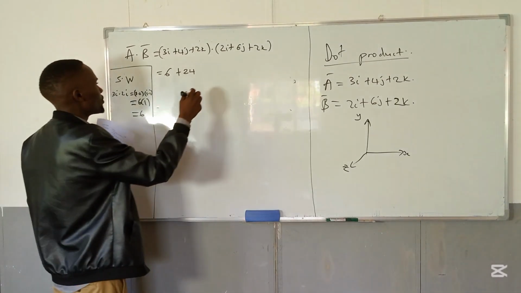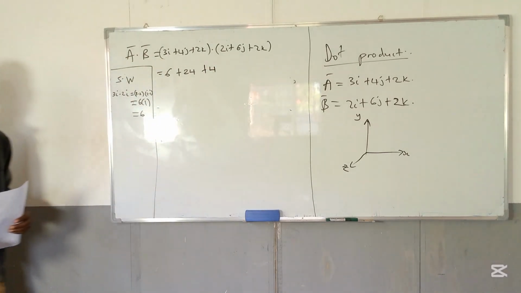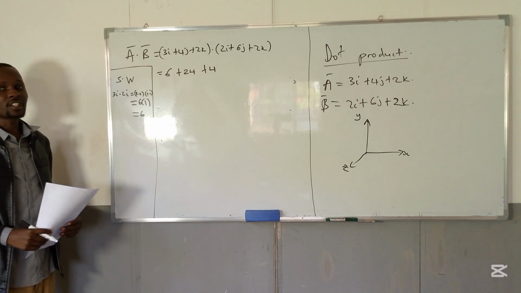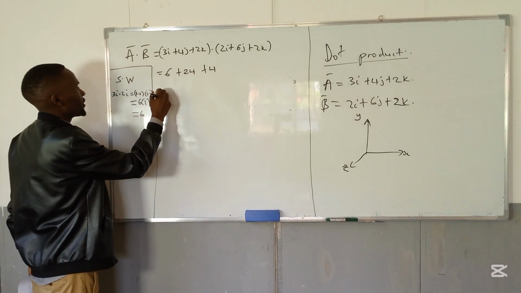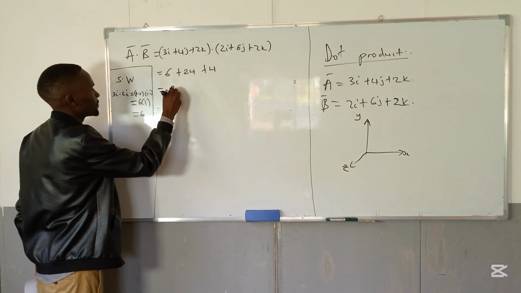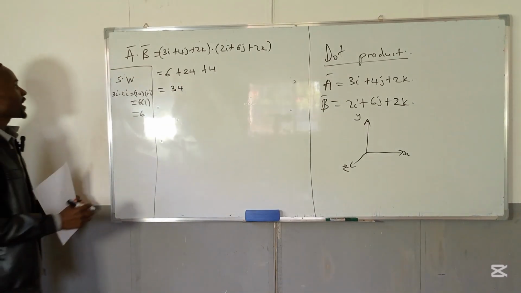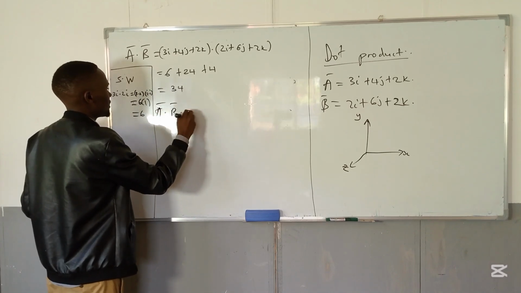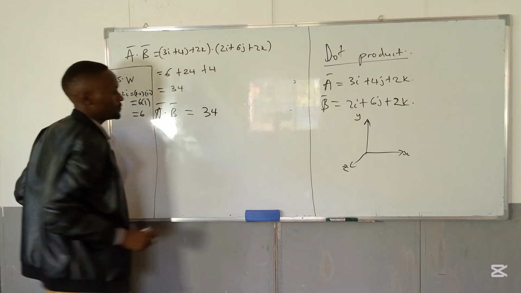That means now we are going to be remaining with 4. Now 6 plus 24, we shall be having 30. 30 plus 4 will give us 34. So now here we are going to conclude that the vector A dot the vector B is the same as 34.